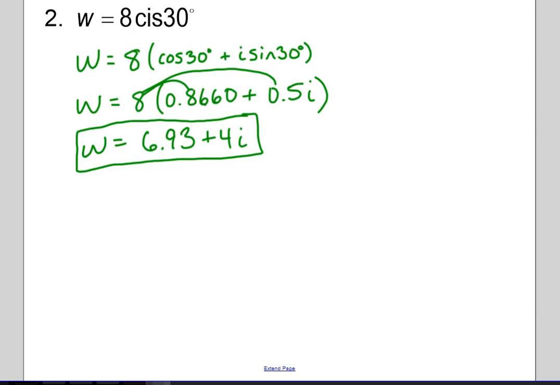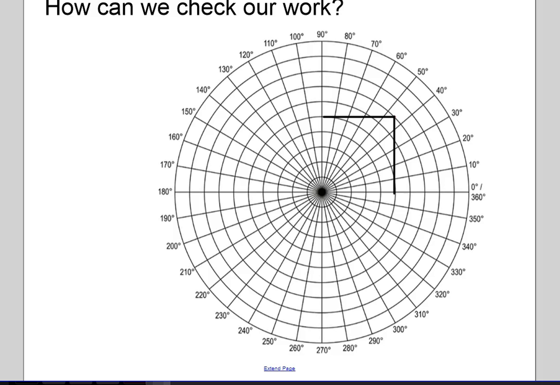6.93 plus 4i. Well, if I have 8 cis 30, that means I'm on the 30 degree, the radius of 8. Let's take that same technique of going straight down. I'm using this line tool. My cursor there, hold the shift down, it will go straight down. And I'll go straight across to the imaginary axis. And let's see if that makes any sense.